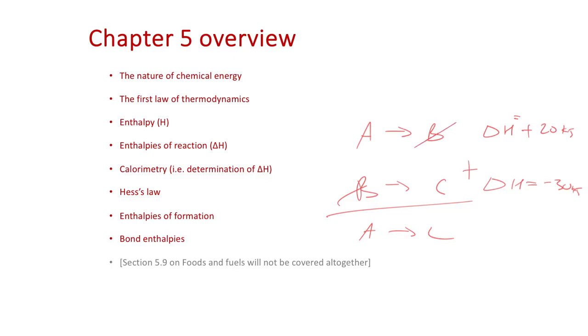A to C has to have a delta H of plus 20 minus 30, or minus 10 kJs. So I'm more or less adding the reactions up and then adding up their delta H's.